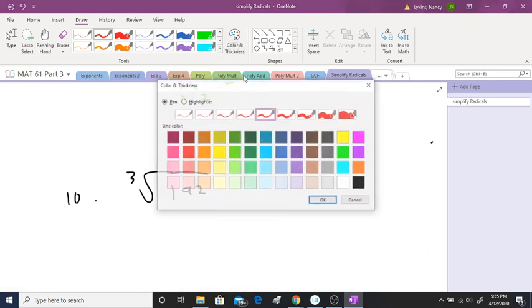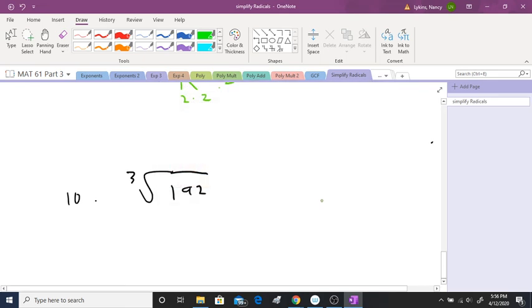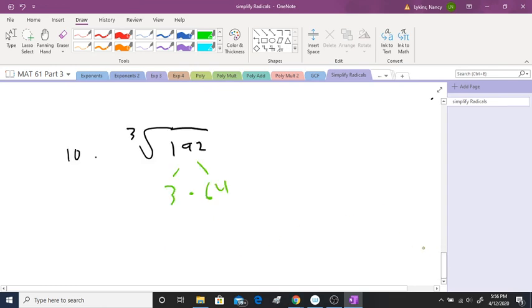And finally, they try to trick you by throwing a huge number at you. So you can do prime factorization, see what number goes in. I always like looking for a perfect square. So I'm going to say 3 can go into that 64 times. This perfect square is also a perfect cube as well.